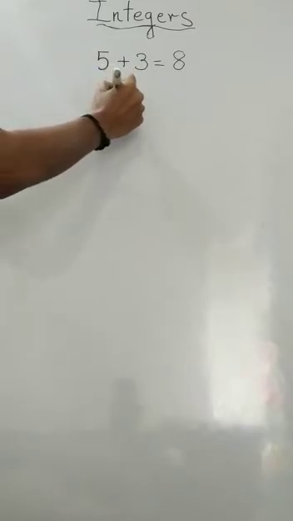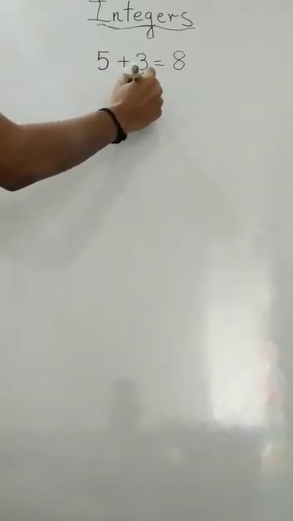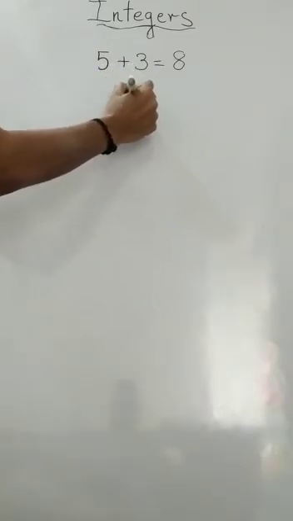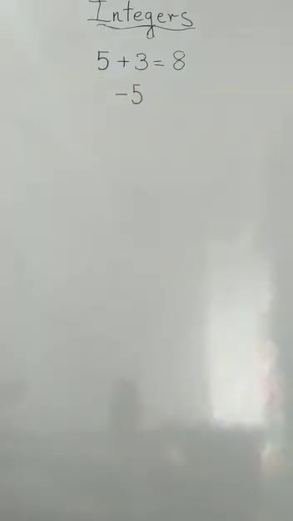Next, Dada is saying, Sunita, if I lend you 5 rupees to buy a pen, how will you show it? So Dada is giving 5 rupees to Sunita, which means in other words, Sunita is borrowing 5 rupees. How will you represent borrowing money? Minus 5.